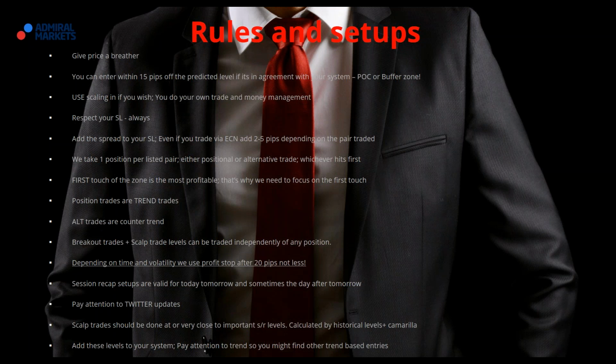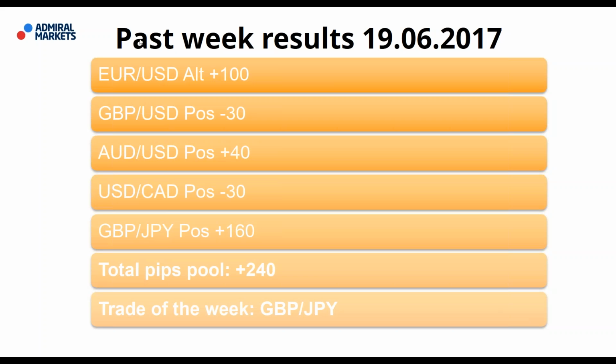Always pay attention to my Twitter updates, and don't forget that scalp trades should be done very close to important support resistance levels. Add these levels to your system. Pay attention to trend, so if we miss POC entry, we can always try to scalp the trend. And the term pips pool is the maximum available number of pips you could have got on recap entries.